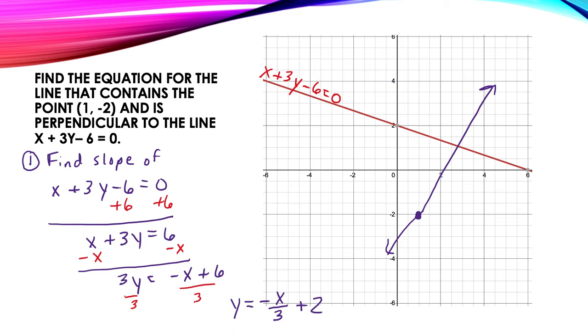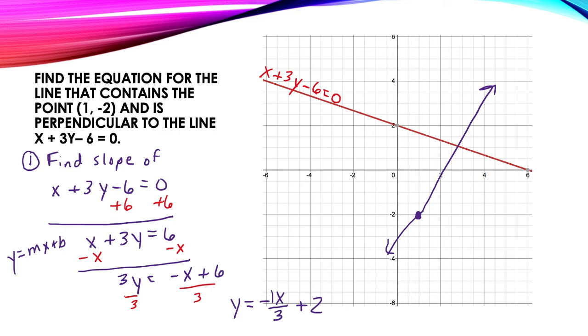It's in the format y is equal to mx plus b. Remember that in order to determine the slope, you're looking at the number that sits in front of the x once you have it in that format. And so the number in front of the x is a negative 1/3. Remember that there is a 1 that sits in front of this x. And so the number in front of the x, the slope, is negative 1/3.